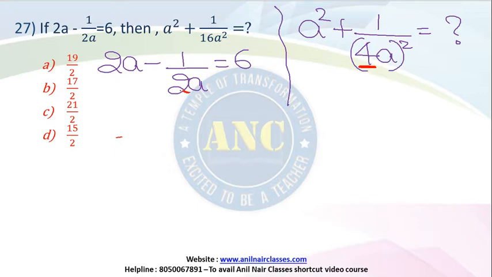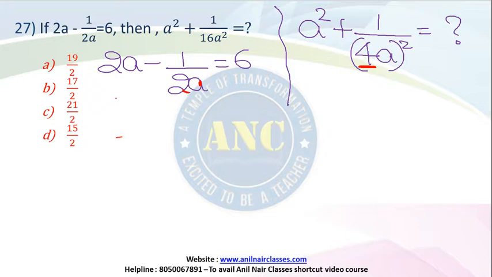It is only having 2. When the asked condition has 4, if I make the given condition also 4, it becomes very easy. It already has 2 in the denominator, I should make it 4.